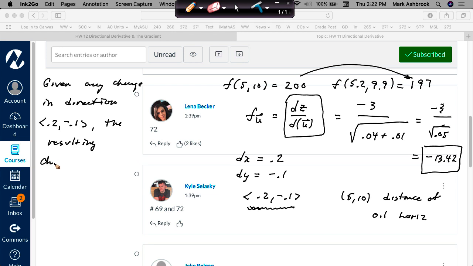The resulting change in z will be negative 13.42. Is that the change in z? Times the change that you picked. Right? It's the same thing. It's just that now, instead of being in the x direction or the y direction, it's some other direction. So given any change in our independent variable, which is now a change in this direction, the resulting change in z will be that times as much as the change that you picked.